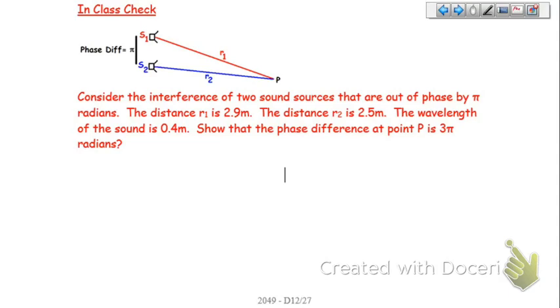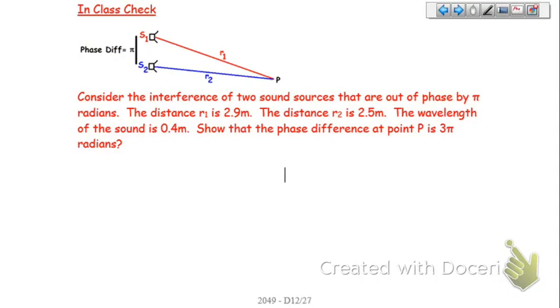Consider the interference of two sound waves that are sources that are out of phase by pi radians. When one of them is pushing, what's the other one doing? Agreed? If there's no phase difference, or if the phase difference is 2 pi, or 4 pi, it's the same.